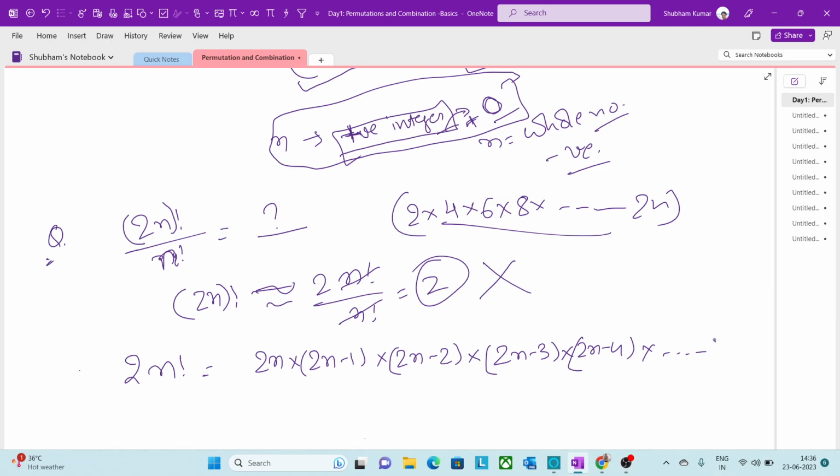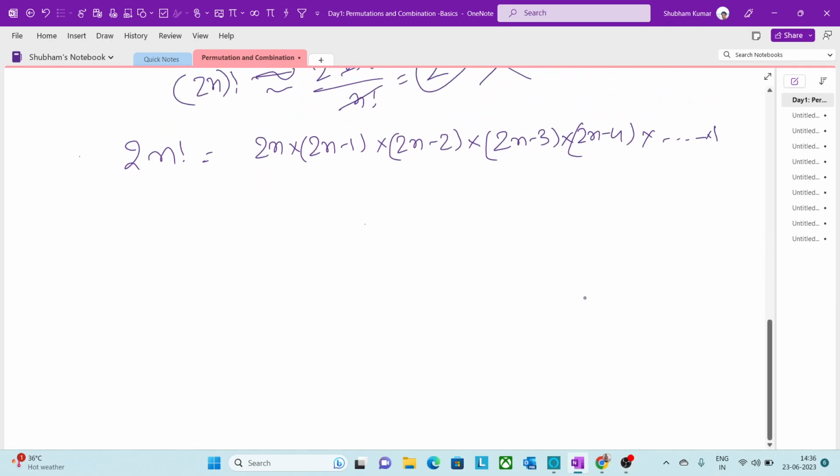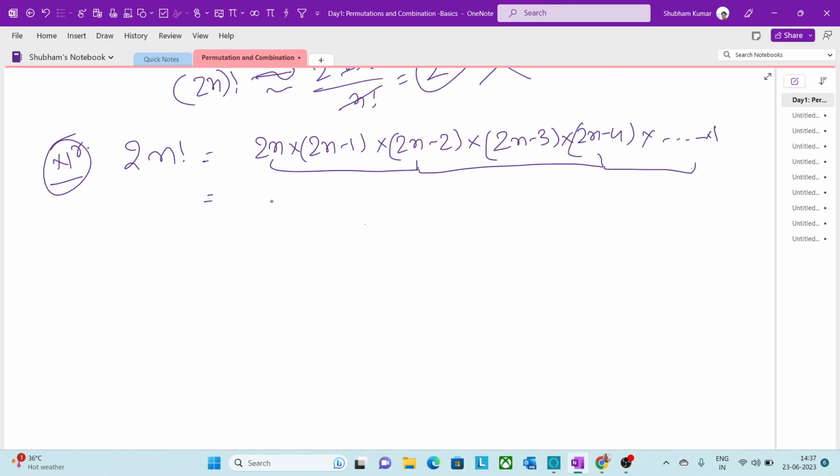So this will be up till 1. Okay. So right now we are simplifying the numerator. When you try to simplify, we group these even factors which have a factor of 2 into 1.